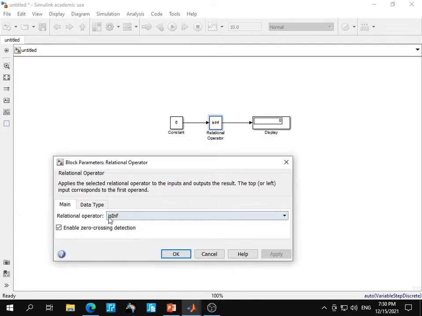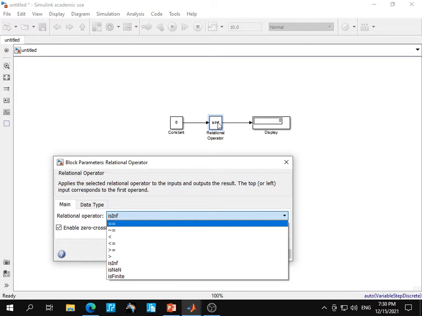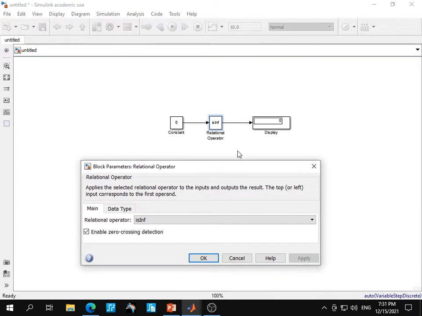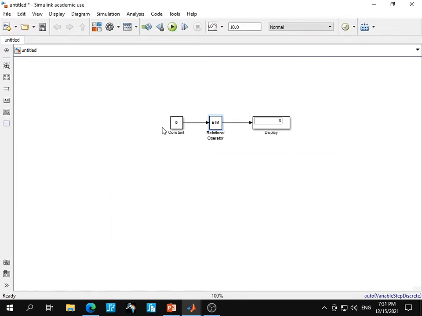This is to check if the number of inputs is infinite. For 5, is this infinite? It's not. So display is 0.